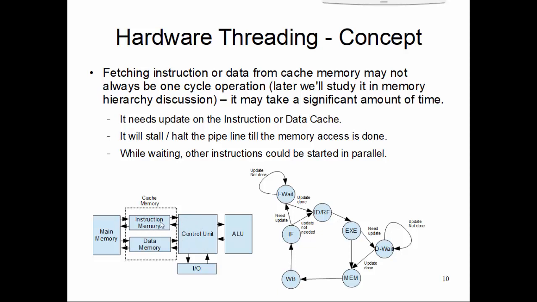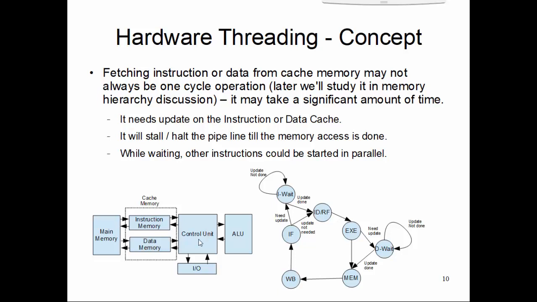Then what needs to happen? Then the whole system needs to be halted, and the instruction which is not present in the instruction memory has to be fetched from the main memory first into the instruction memory and then sent to the control unit. A similar thing will happen for the data memory.